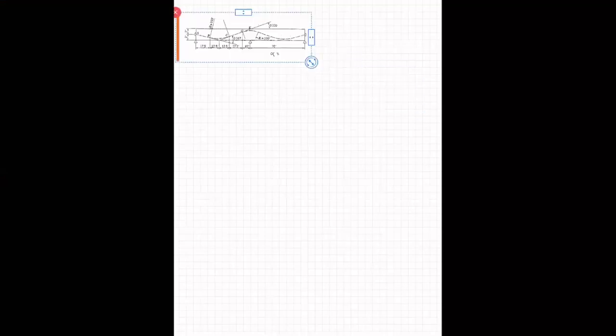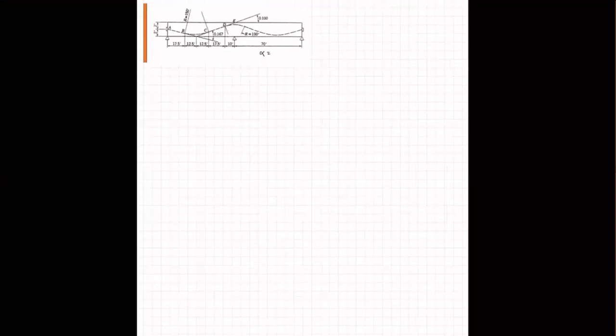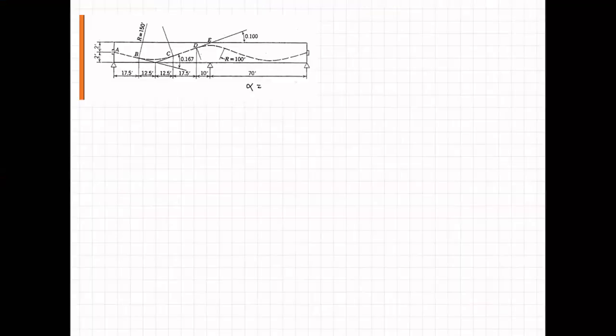Okay, so ito yung diagram natin. So segment B to C. Okay. So again, formula natin is F2 is equal to F1 times 1 minus mu alpha plus KL. Okay.